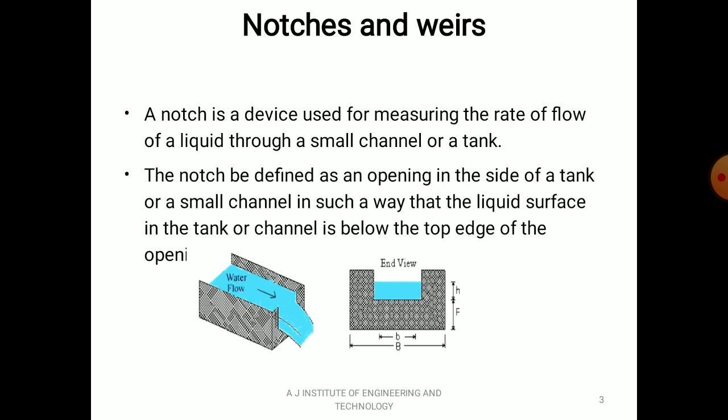So this is the definition of a notch. It is a small opening in the side of a tank or open channel, and the level of liquid should be below the top edge of the opening.